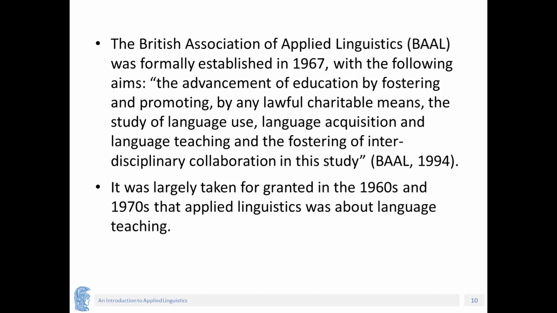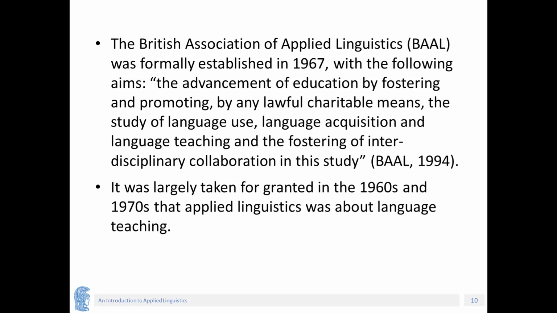It was largely taken for granted in the 1960s and 1970s that applied linguistics was about language teaching. This was started in 1967, but towards the end of the 1970s, applied linguistics was about language teaching. So the meaning of applied linguistics came as language teaching somewhere in the 1970s.